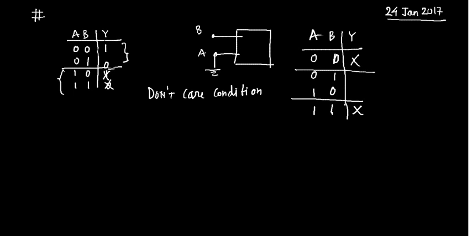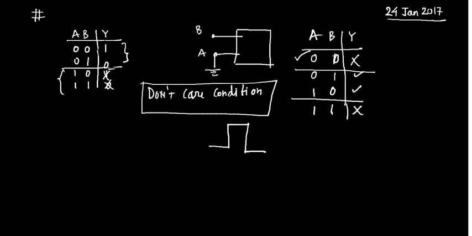I may have some requirement where I don't bother what the output would be otherwise. Say I need to detect some change, 0 to 1 or 1 to 0. It doesn't matter to me when the signals remain the same, 0 0 or 1 1. It matters when the signal changes. So I would be interested in only these 2 conditions, not these 2 conditions.